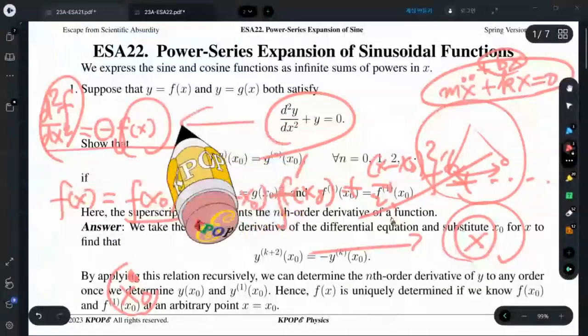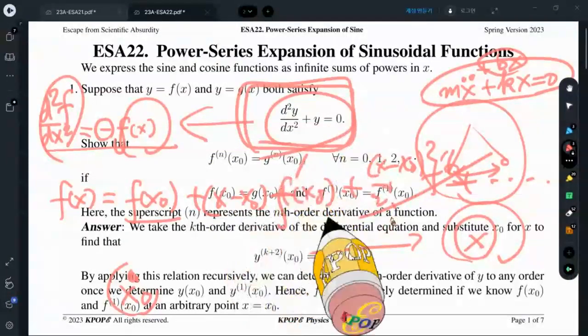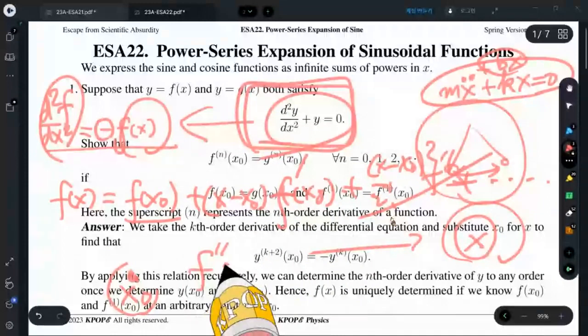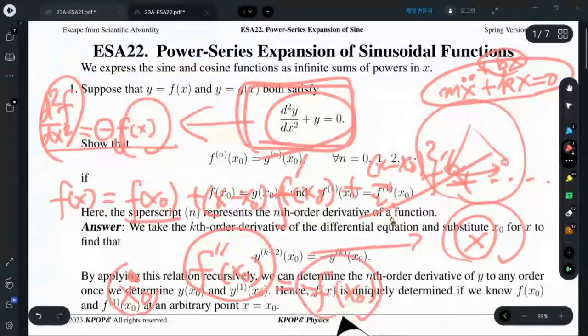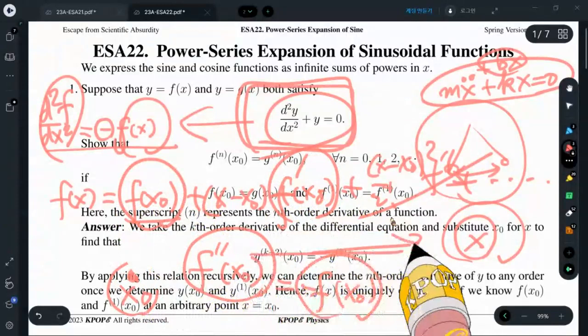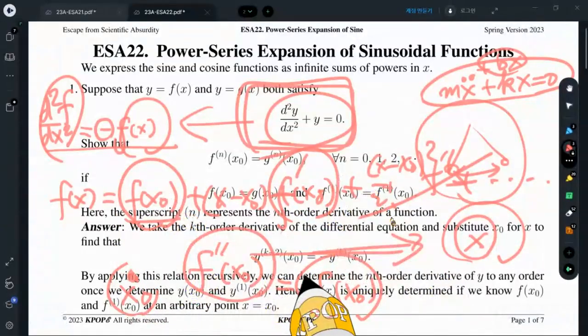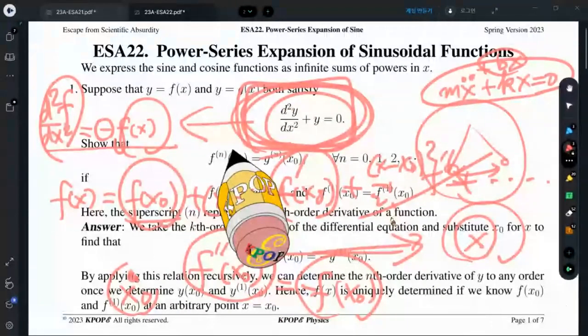Because of this second order differential equation, what about the second order derivative at x0? It is nothing but the function at x0 with a negative sign on it. So once you know this, higher order derivatives are completely determined due to the constraint of the equation. That is the powerful nature of Newtonian mechanics.